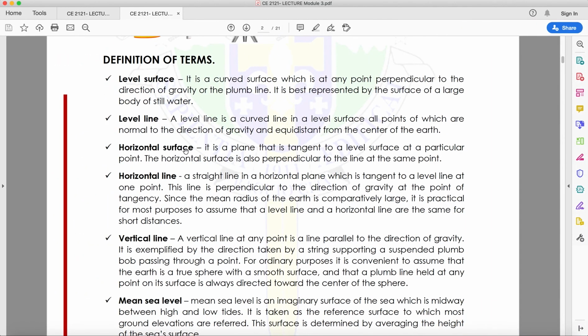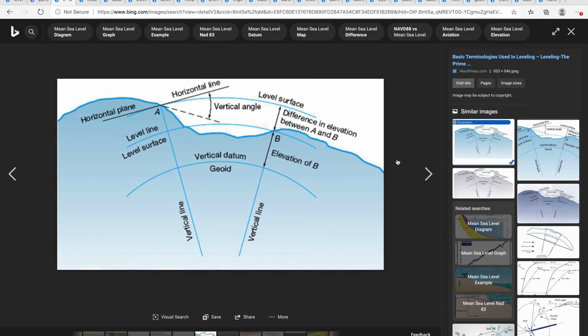Next is the horizontal surface. It is a plane that is tangent to the level surface at a particular point. The horizontal surface is also perpendicular to the line at the same point. If I am here, then this surface here is a horizontal surface.